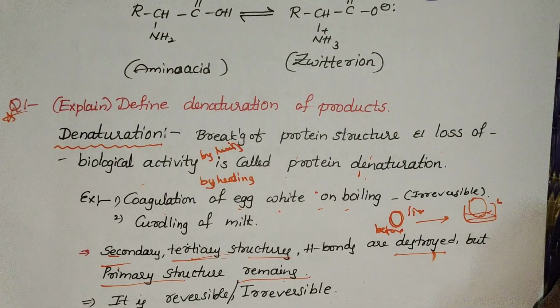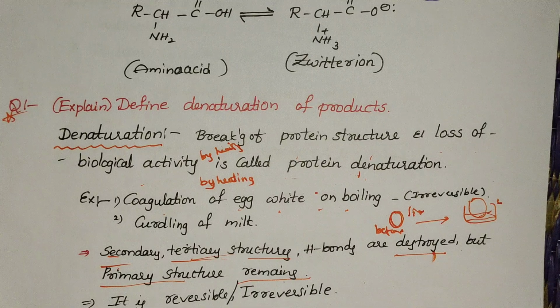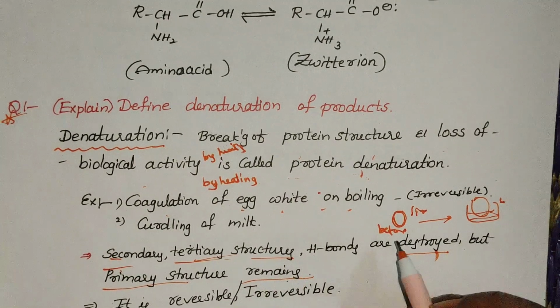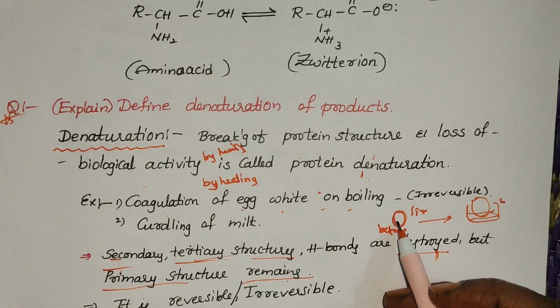Simple, beta. When we take the egg, before boiling it is in a liquid condition and this protein has life, I mean naturality is present, but when we heat or boil that egg, the egg white completely converts into a solid, which means it lost its biological activity. This boiled egg cannot give a chick, but a normal egg will give a chick, which means life and biological activity are present.